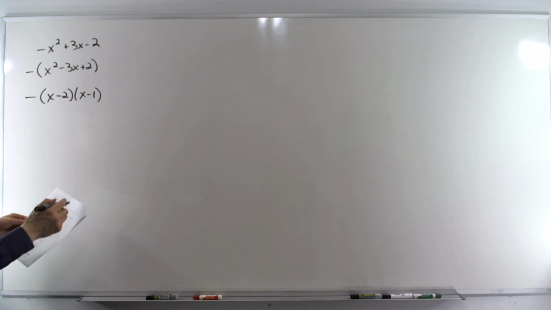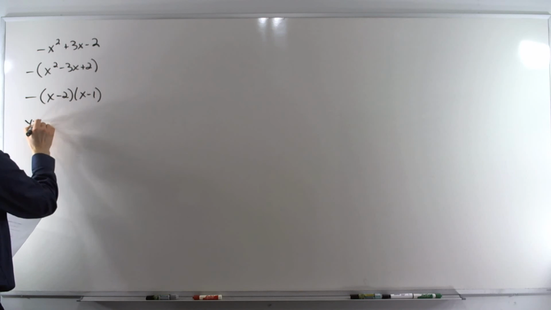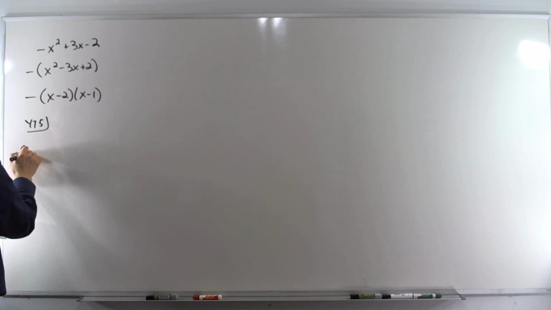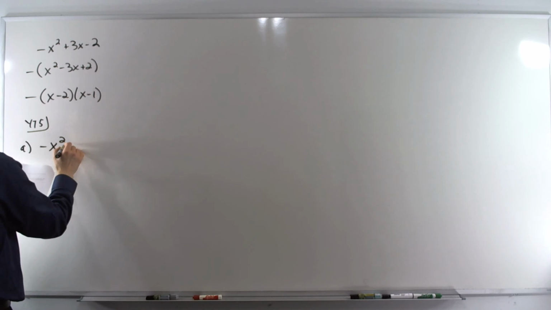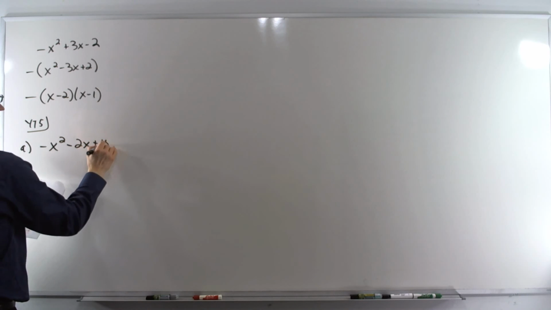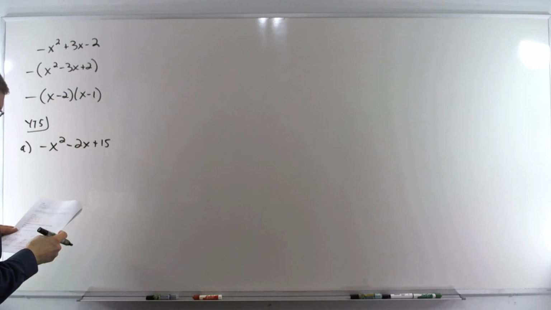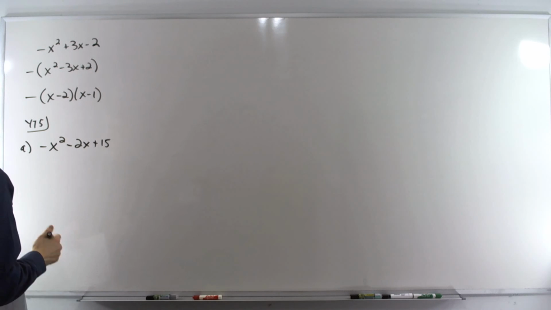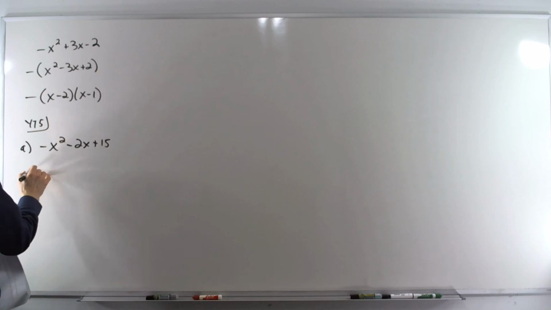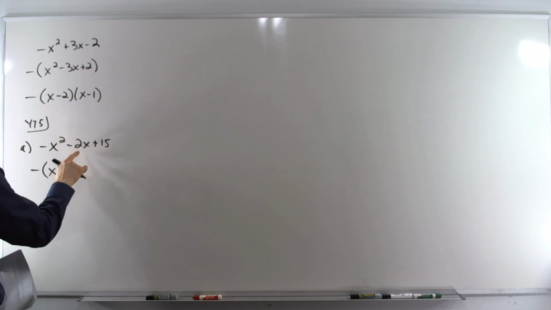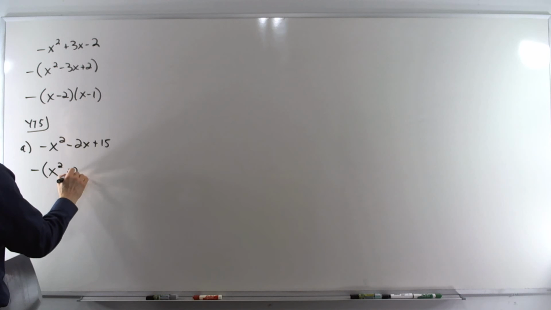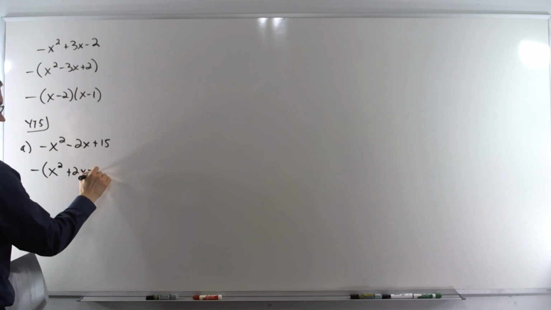Your turn, number 5. Part A. Negative x squared minus 2x plus 15. So if we factor out the negative here, change the sign on all three terms, that becomes positive, this will become positive, and 15 will become negative.